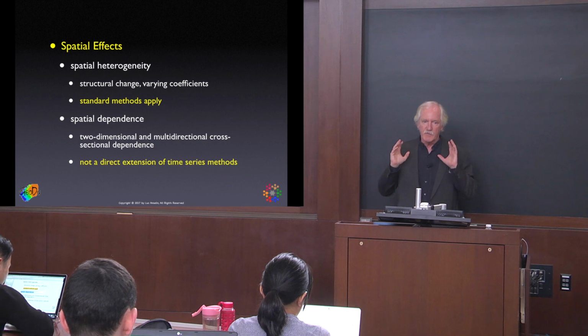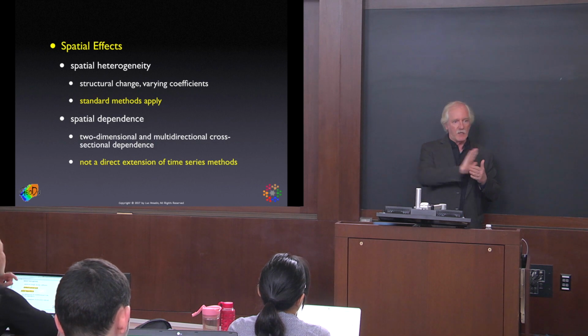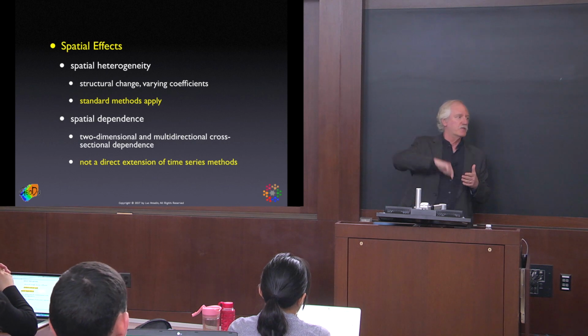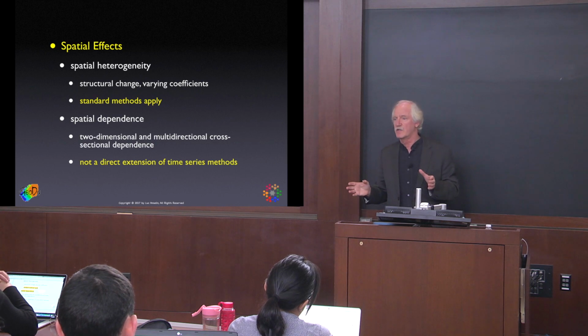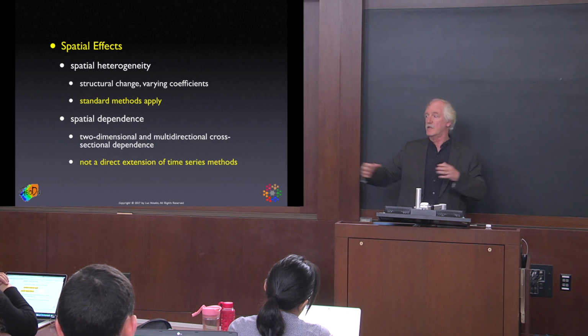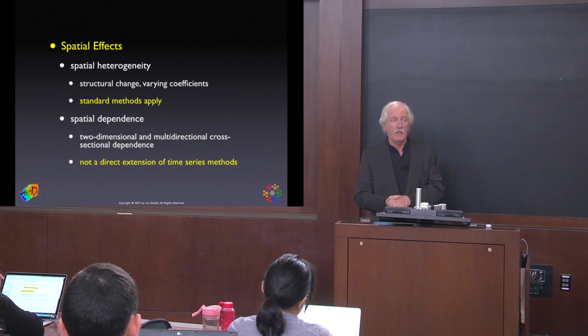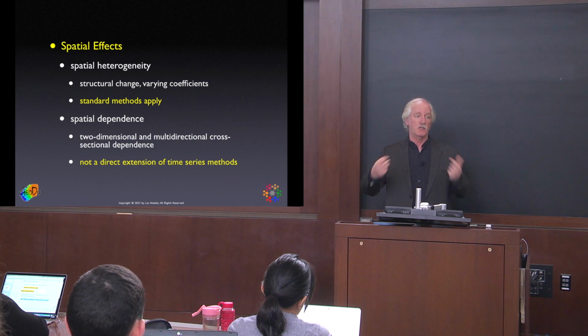So this is very different from time series where you have a clean direction from past to future. The future doesn't influence the past. In space, in some sense, it does, because things bounce back, especially in a cross-sectional sense. So then, if you have panel data, if you have both cross-section and time series, you have the combination of both.